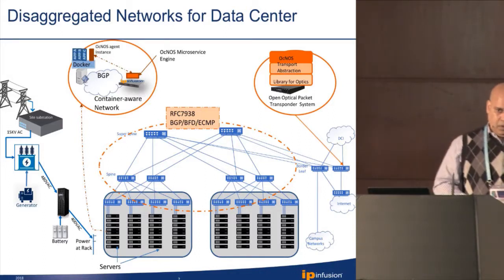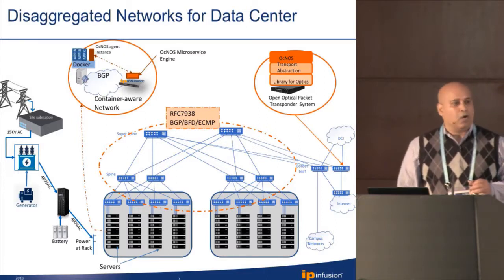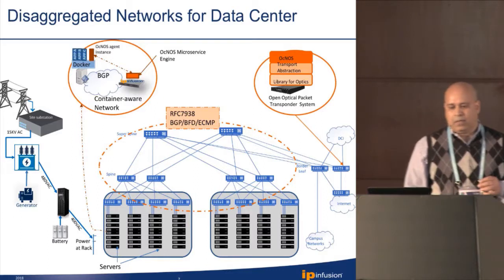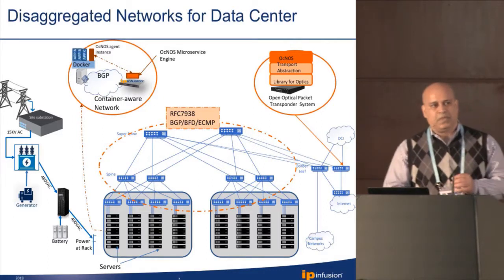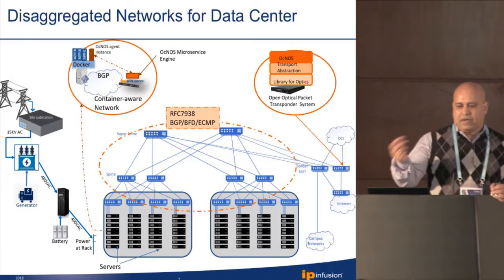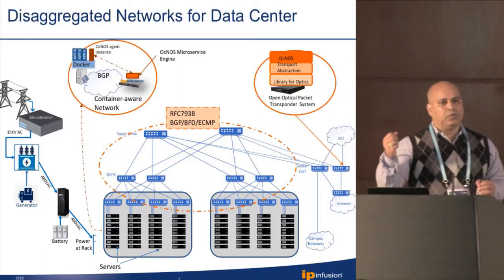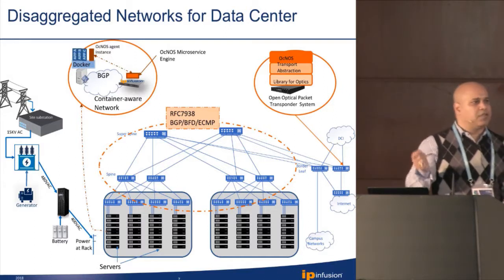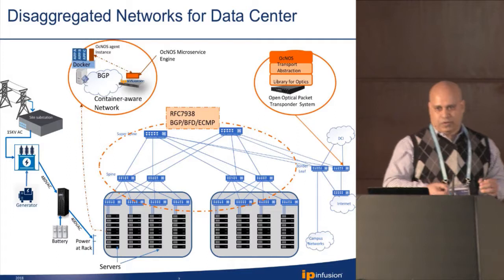Also for BGP, we will work on ROV, route origin validation, and other permutations of BGP that you could use in a secured environment. On the right-hand side, as I mentioned, we are working on both EdgeCore's Cassini as well as Facebook's Voyager.